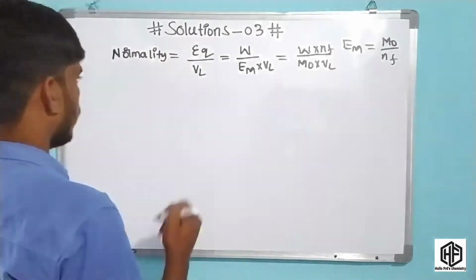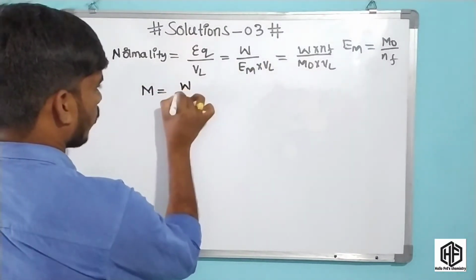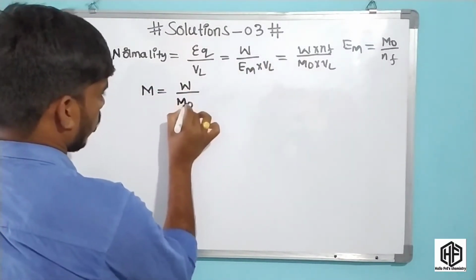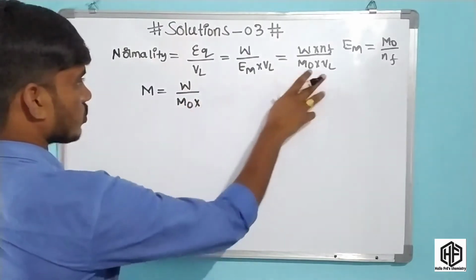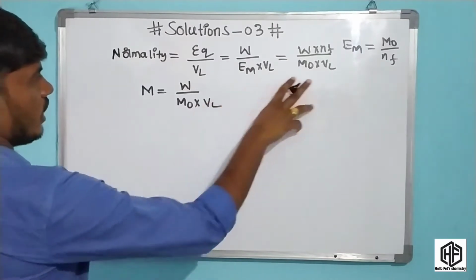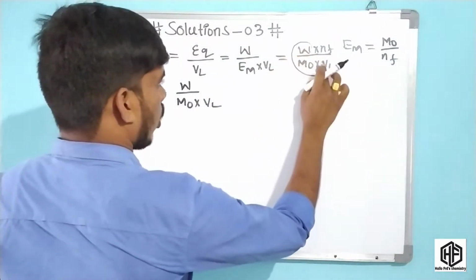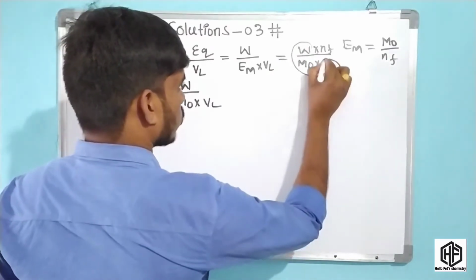But molarity is equal to the weight of solute divided by molecular mass of solute into volume in liters. This is the molarity and this is the normality.